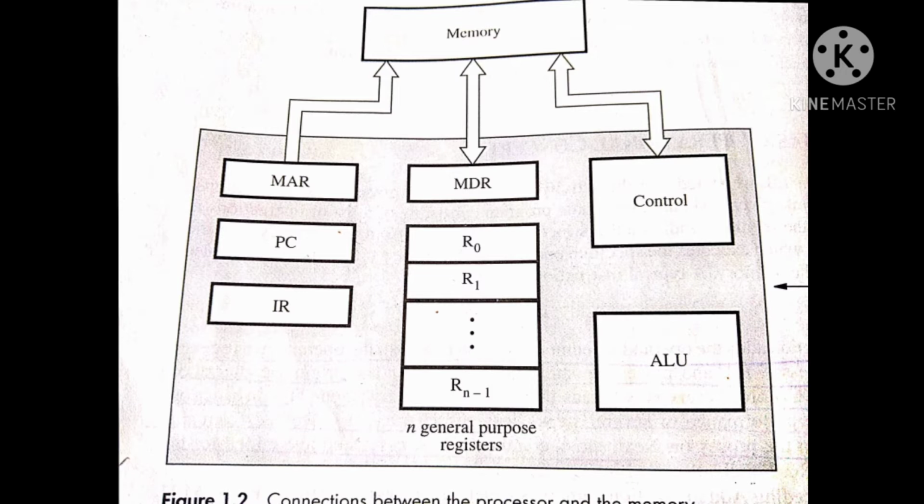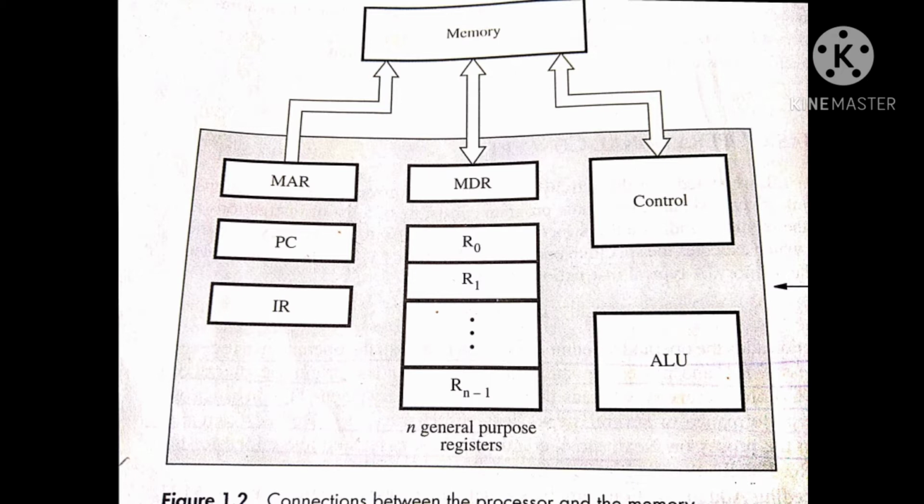During the execution of the instruction, the contents of the PC are updated to the corresponding address of the next instruction to be executed. While all the instructions are executed, remember a program is a series of instructions itself, right? So during the execution of each instruction, the contents of the PC are updated.